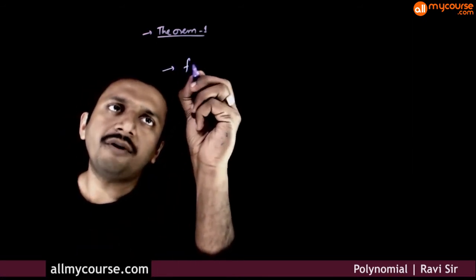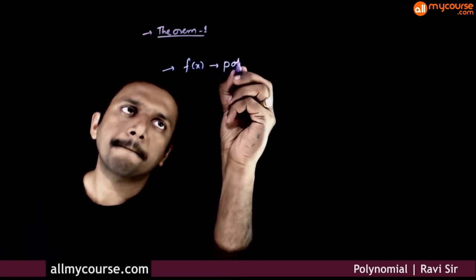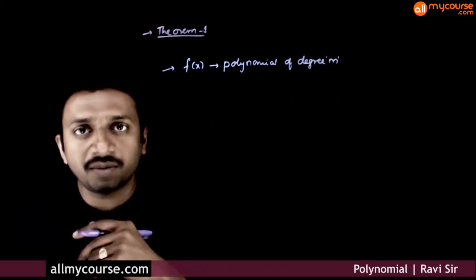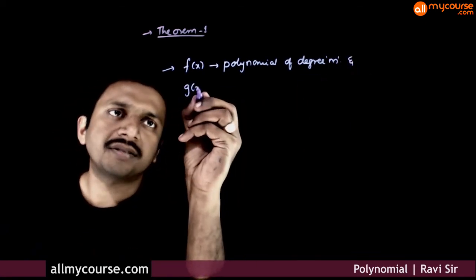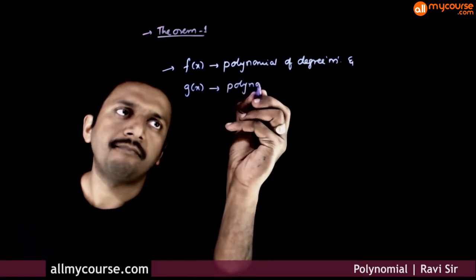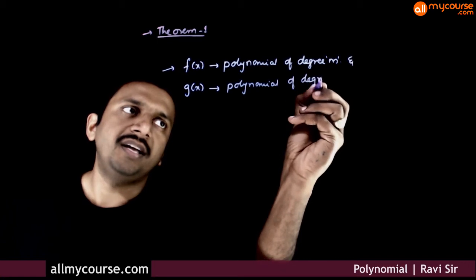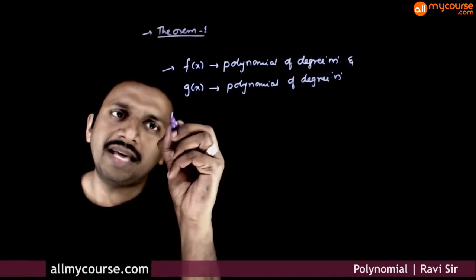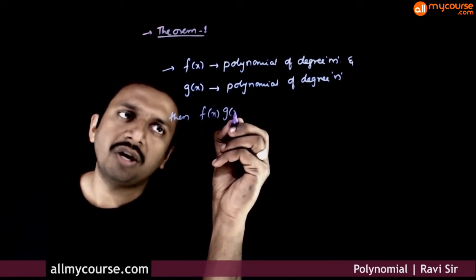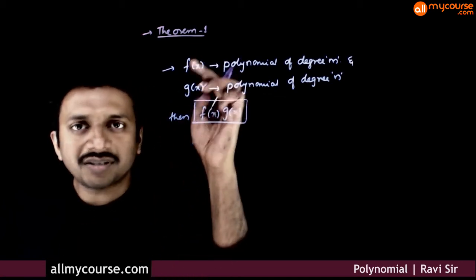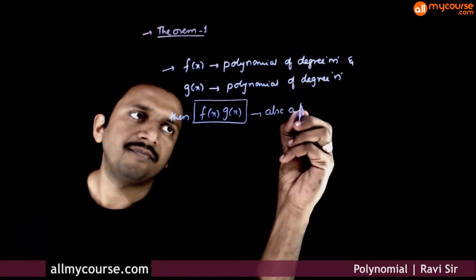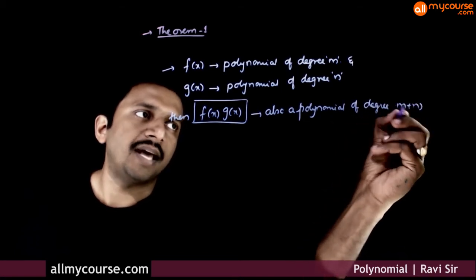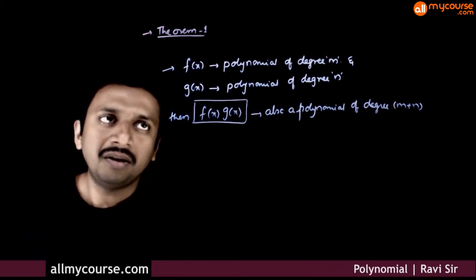It states that if f of x is a polynomial of degree m and g of x is a polynomial of degree n, then if you multiply these two polynomials, f of x into g of x is also a polynomial of degree m plus n. So this is the first theorem, which is very simple to understand.